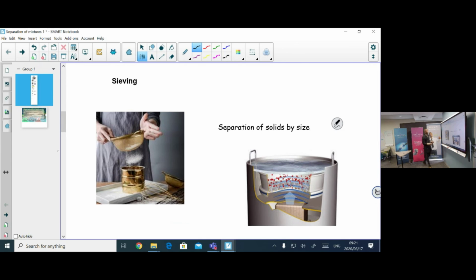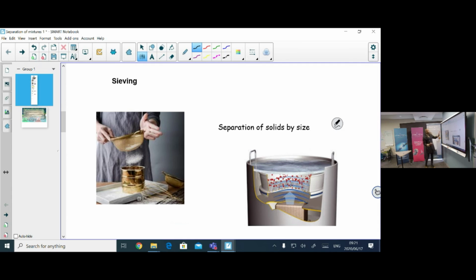Sieving. As you see this beautiful image on the board of a kitchen sieve, where you are separating flour whilst you're cooking or baking, rather. As you separate the flour, you're looking to put some air between your flour. Yes, you'd be doing that.